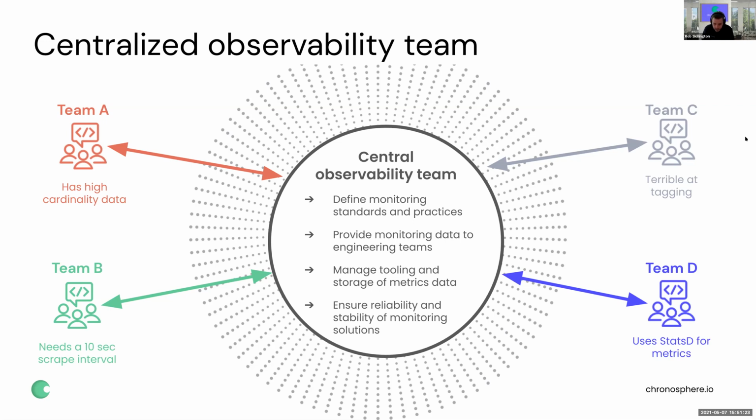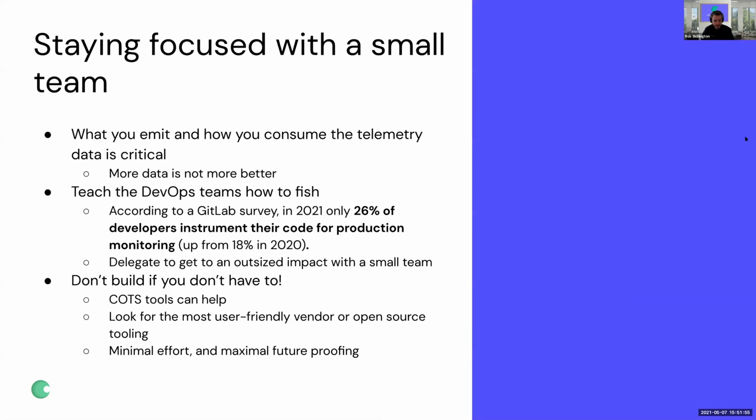And then, of course, the other major thing here is that you usually end up with a central view, or at least a way to navigate the distributed nature of the monitoring data, because a central team is managing that, and they usually have a much better idea of how the monitoring systems are working, and have higher levels of availability and robustness, usually just because there's one body looking after it.